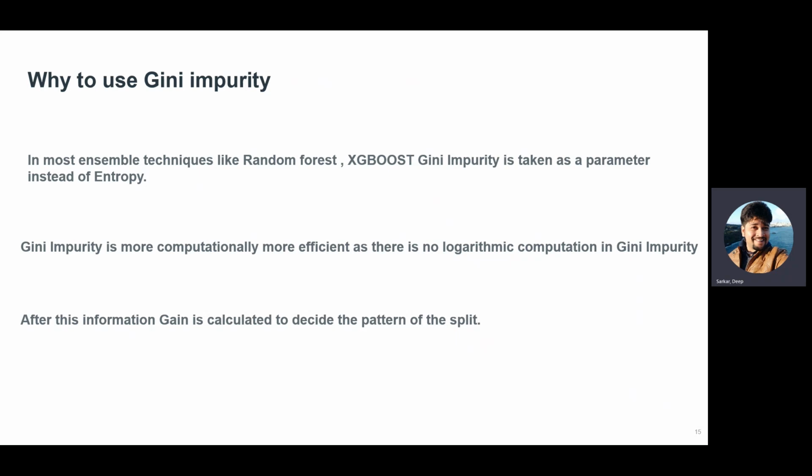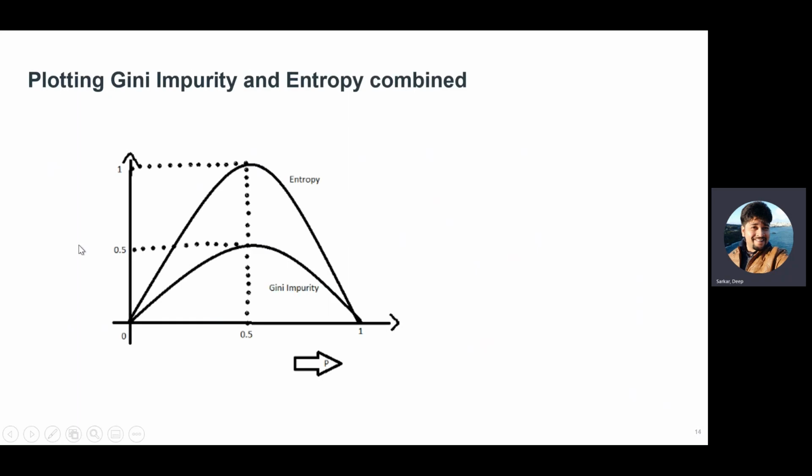So this is a very frequently asked question: why is Gini impurity preferred over entropy in machine learning? Always remember the concept that it's computationally more efficient. Remember the formula. There's no logarithmic calculation, and always remember this particular graph. You just need to explain to the interviewer this graph: if we plot the probability on the x-axis, and on the y-axis entropy and Gini, this is how they behave.